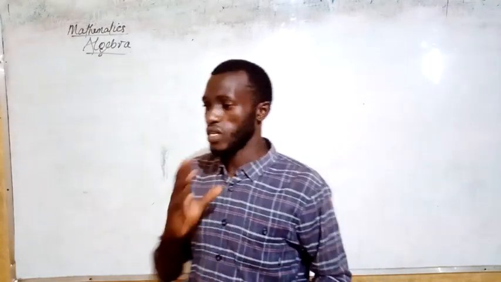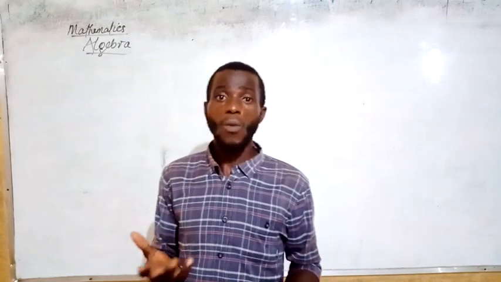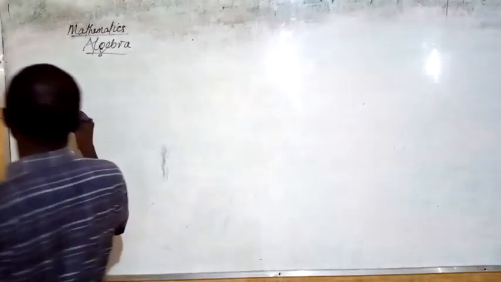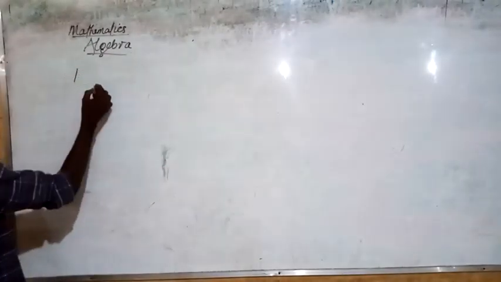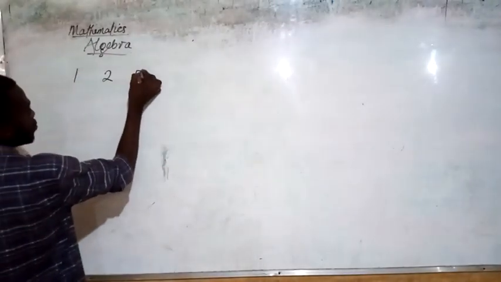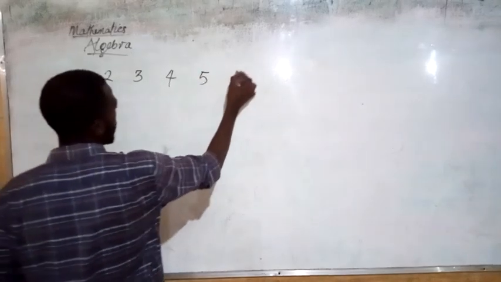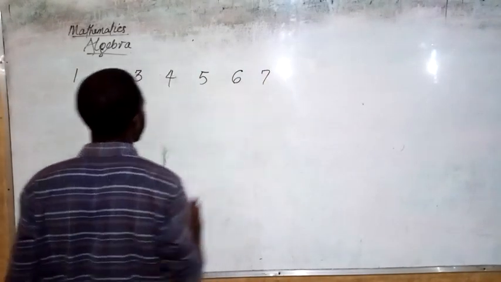Alright, so for example, in the normal order, if I want to write our natural numbers, we are going to have 1, followed by 2, followed by 3, followed by 4, followed by 5, followed by 6, followed by 7.